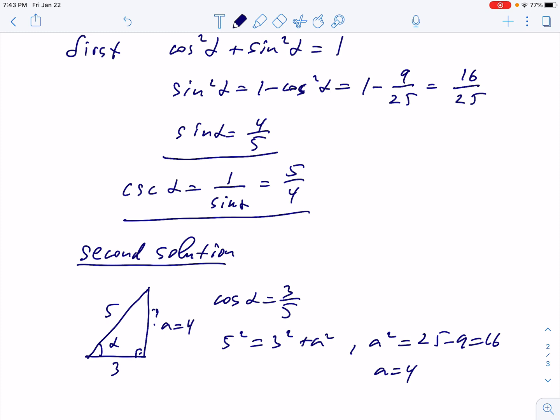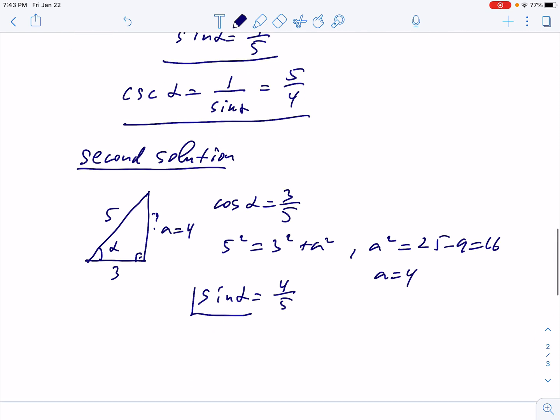This side is 4. And now sine alpha will be opposite the hypotenuse, will be 4/5. And after finding the sine, we can find its reciprocal, and that's the second solution. So using such a supplementary triangle for geometric solution is very, very helpful.